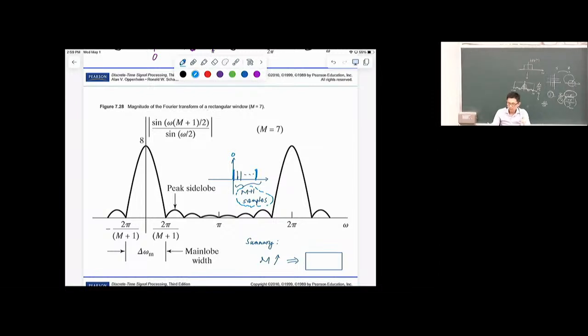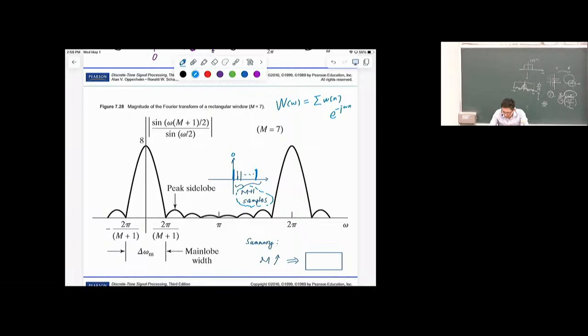So it turns out that you can calculate the Fourier transform of the window because we care about it. The Fourier transform of the window is going to be the summation of w of n e to the minus j omega n, right?